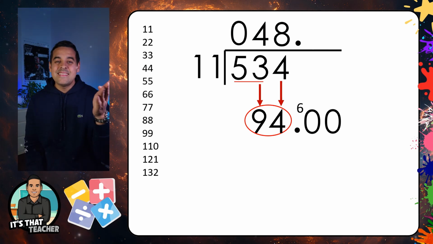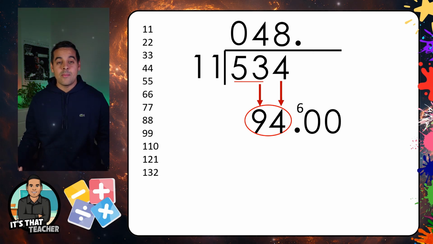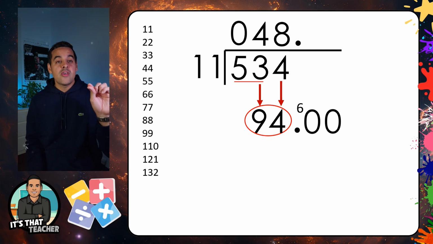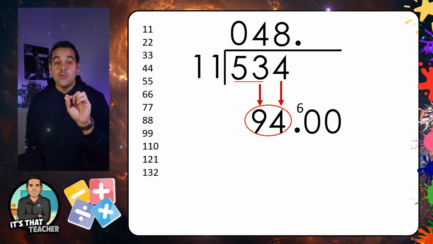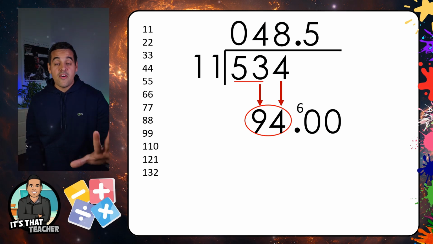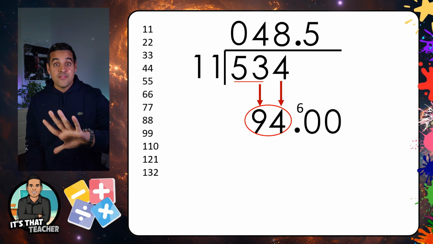Now, we had 6 remainders from our previous question. We've created a new number by adding that 0. So how many 11s can fit evenly into 60? That would be 5, because 11, 22, 33, 44, 55.